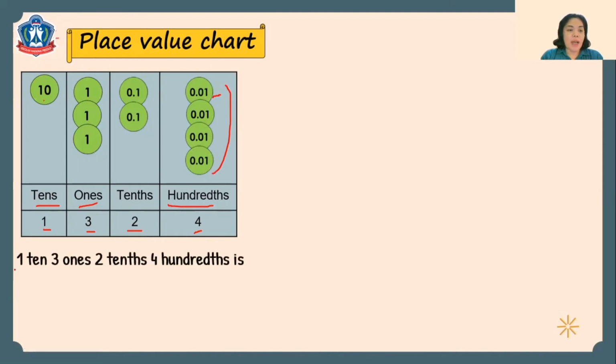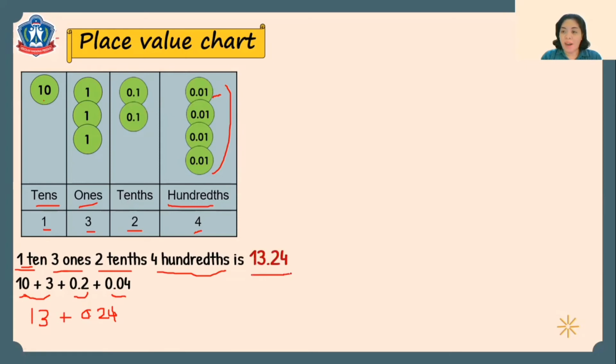Now, if we add all together the 1 ten, 3 ones, 2 tenths, and 4 hundredths, take a look. 1 ten is 10, 3 ones is 3, so 10 plus 3 is 13. 0.2 plus 0.04 is 0.24. Plus, if you add 13, that is equal to 13.24. Take note.